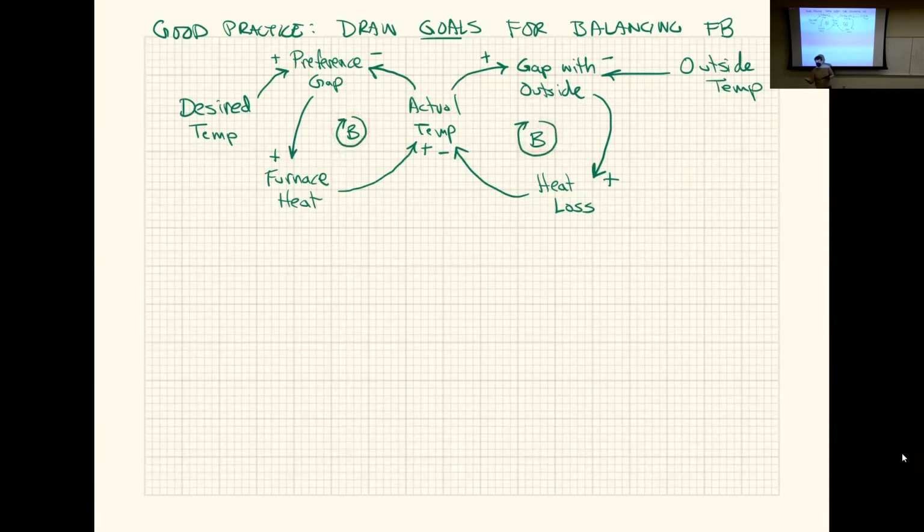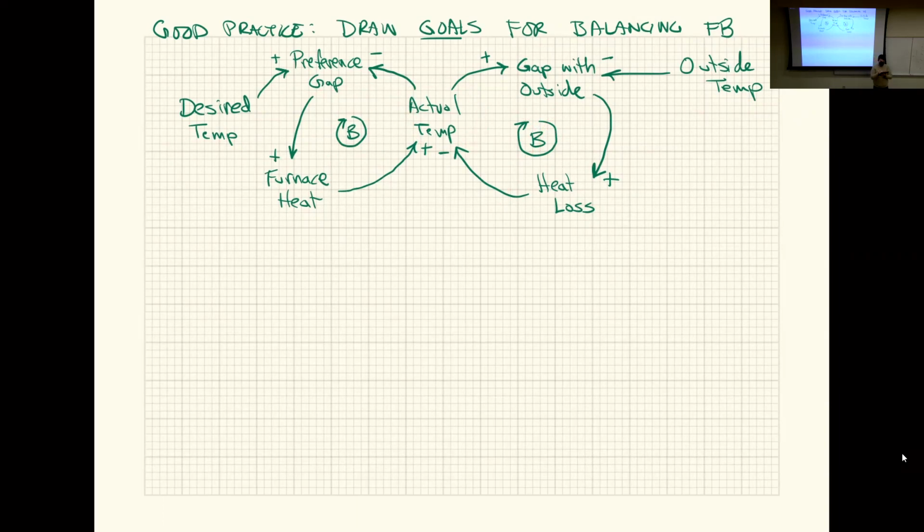That's the reason we insulate our houses. We insulate our house to make this feedback loop weaker so that this feedback loop can have more of an effect, so that the actual temperature will be closer to desired temp than outside temp. So drawing the goals often gives us more insights when we draw these feedbacks.